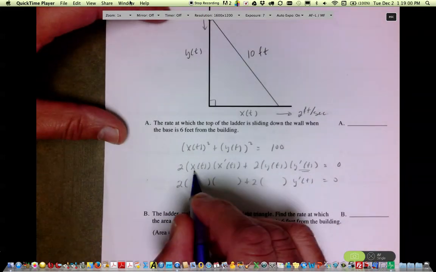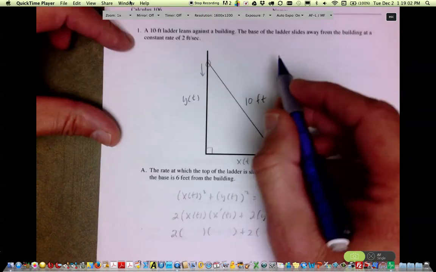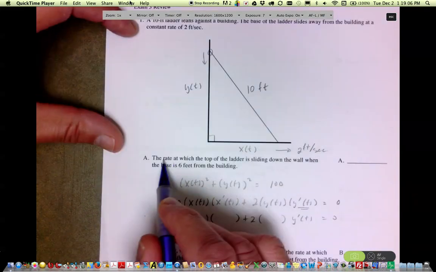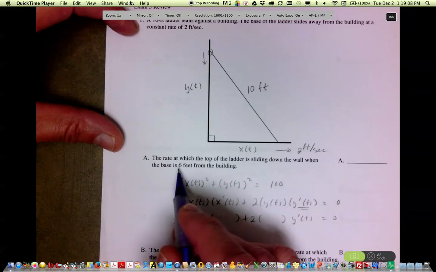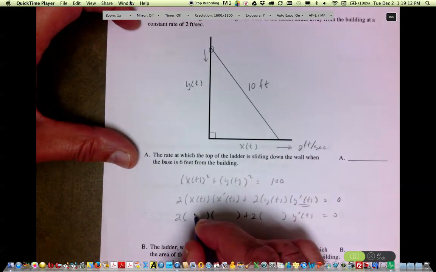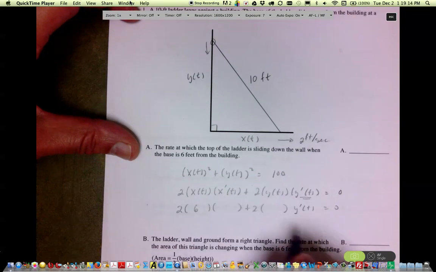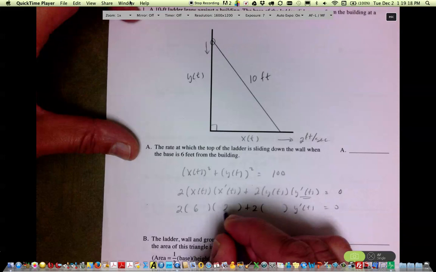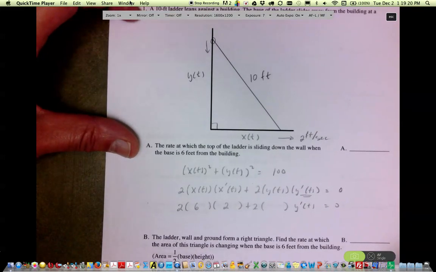The problem said that the base of the ladder is sliding out at 2 feet per second, and we want the rate at which the top of the ladder is falling when the base is 6 feet from the building. When x is 6, x prime is 2, since that side is increasing at a rate of 2.